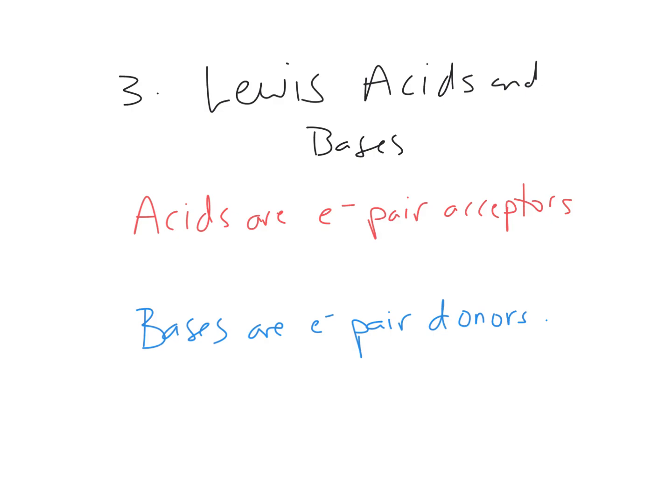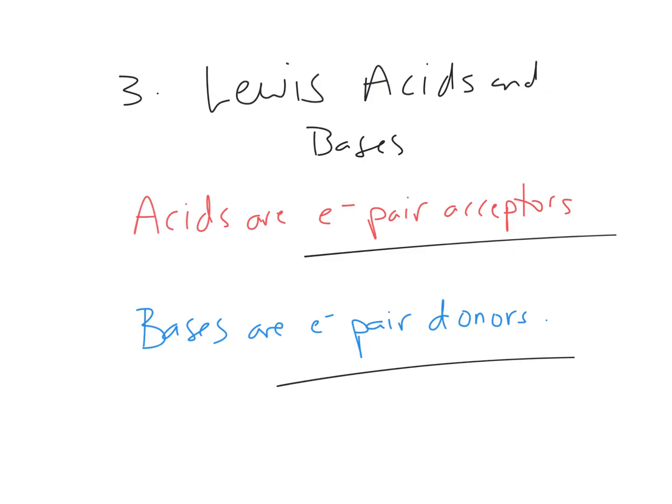But I'm not going to give you much on this. If you're taking AP Chem or IB Chem, then go find better videos on Lewis acids and bases that let you go deep. But basically, it says that acids are electron pair acceptors, and bases are electron pair donors.